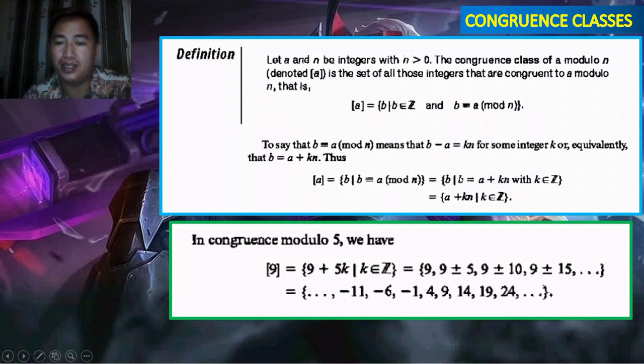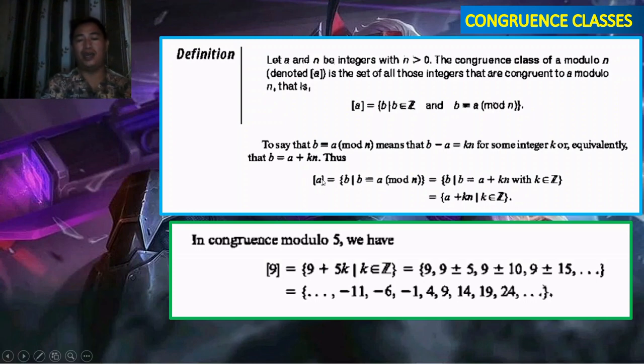So B such that B is equal to A plus KN, with K an element of Z.